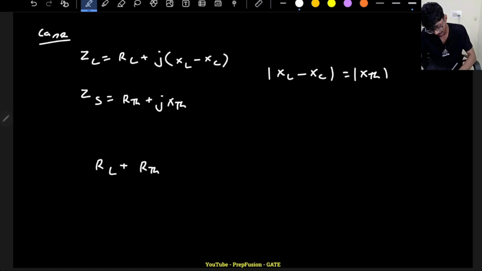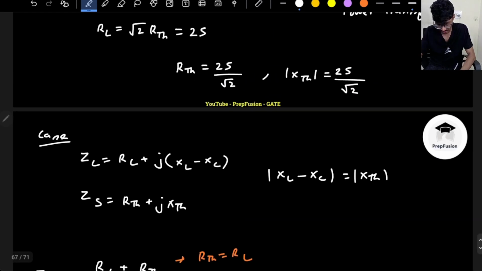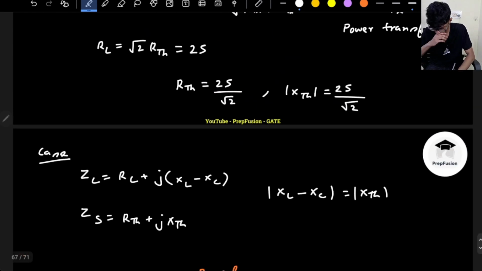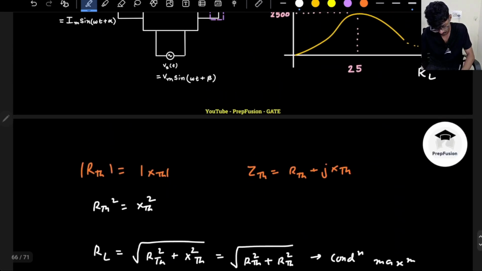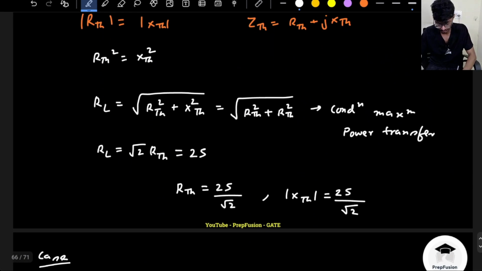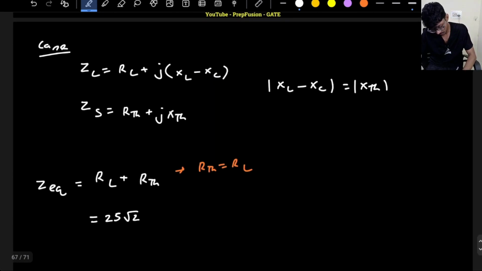And I know at maximum power transfer RTH is equal to RL, correct? So your overall Z equivalent is only 2 times RTH, that is 25 root 2.